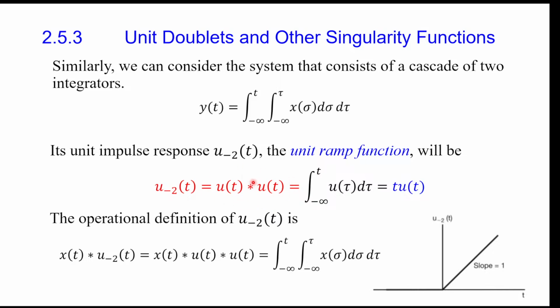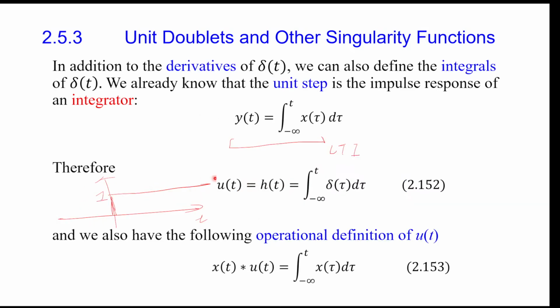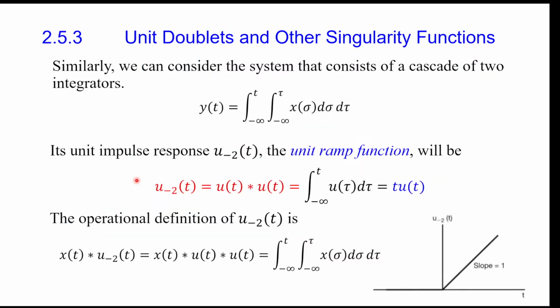The unit step function is a very well defined function, and its convolution is also very well defined. When you do this convolution integration, you see that it is t u of t, the slope function cut off at t equal to 0.